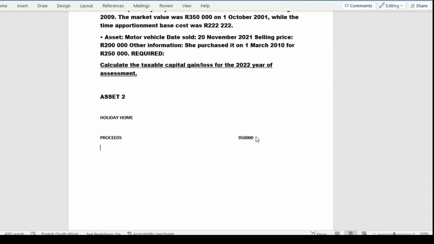So base cost. You'd say the asset was purchased prior to the 1st of October. Therefore, we need to determine the valuation date value.